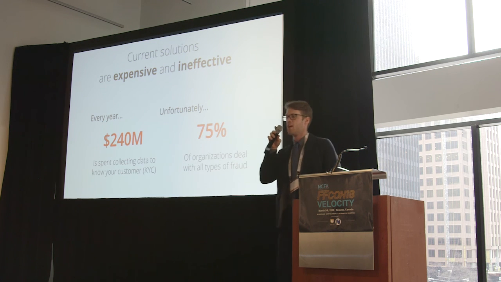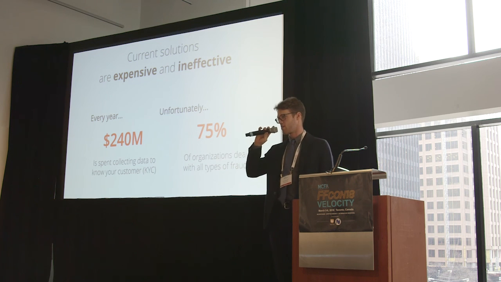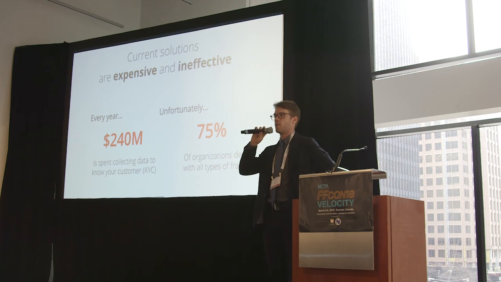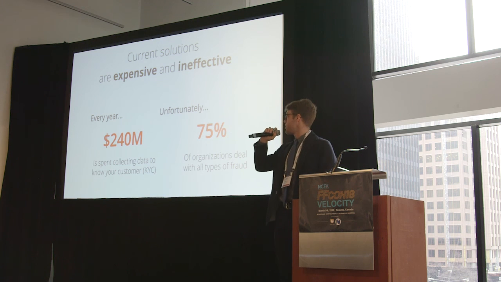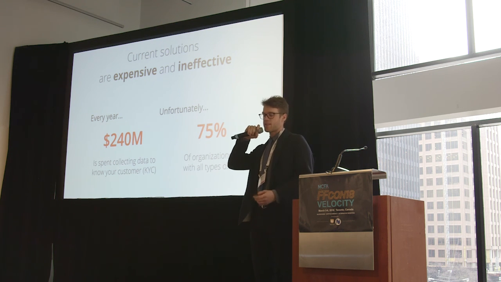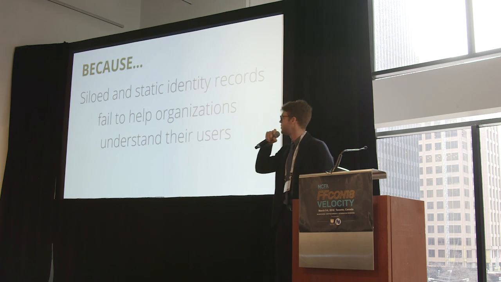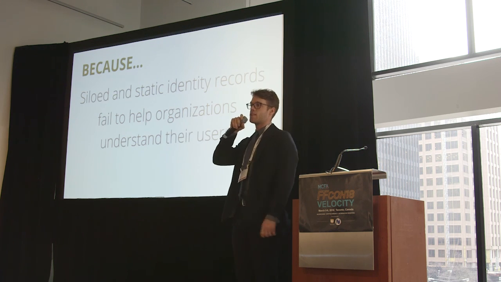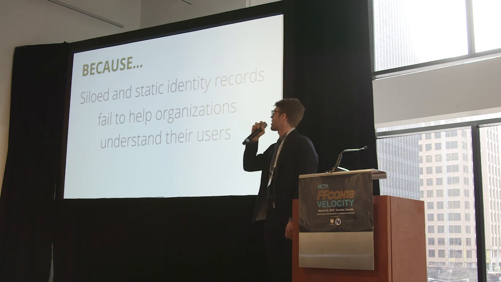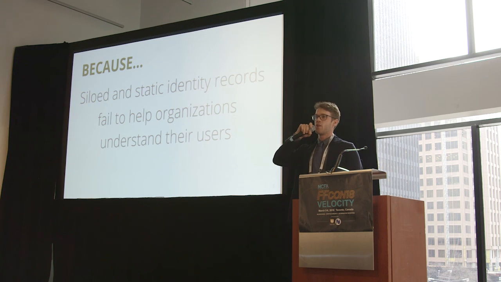They're spending between $60 and $500 million, so about $240 million on average, to properly know their customer. And 75% of them are still experiencing massive amounts of fraud. That's application fraud, identity fraud, and payment fraud. And this is because the data is siloed and static. The identity records don't accurately identify their user.